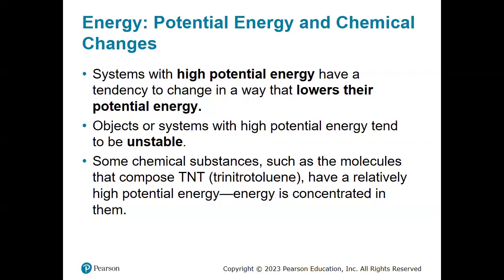When that instability comes in the form of the way that the molecule is put together itself, like in the case of trinitrotoluene, TNT, what we will see in those circumstances is that we have a molecule that is generally unstable and will naturally degrade toward a more stable state when it is given the opportunity to do so.